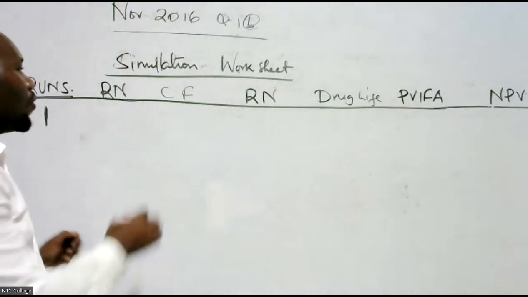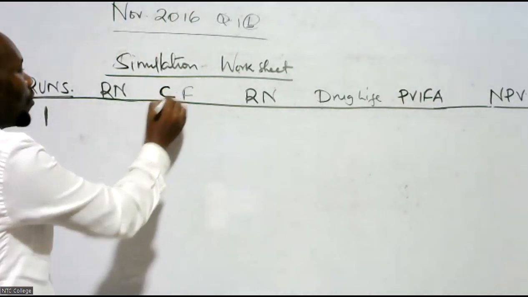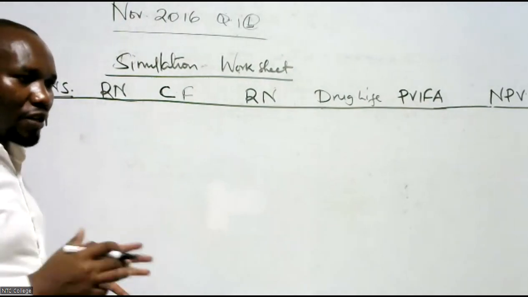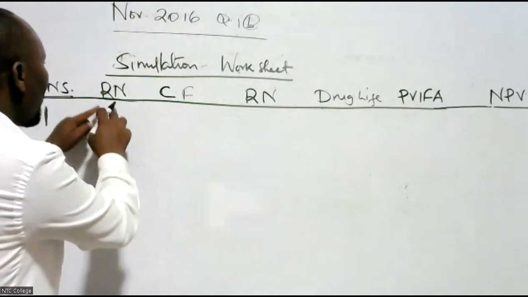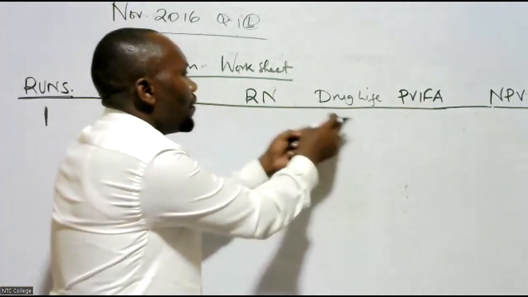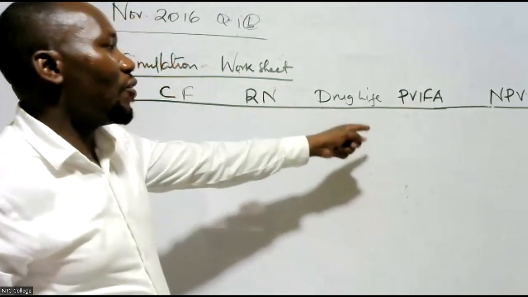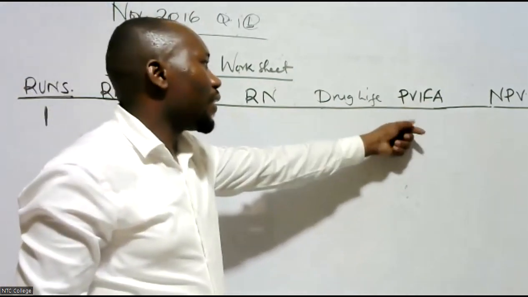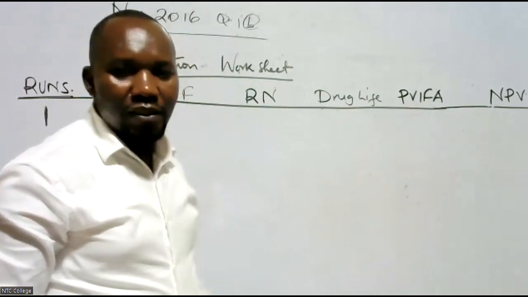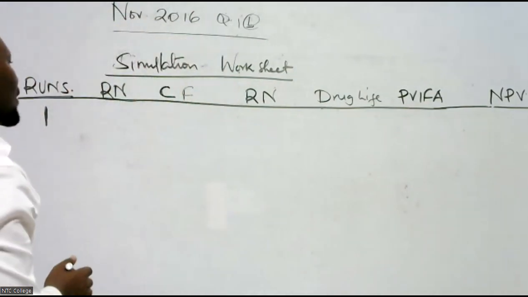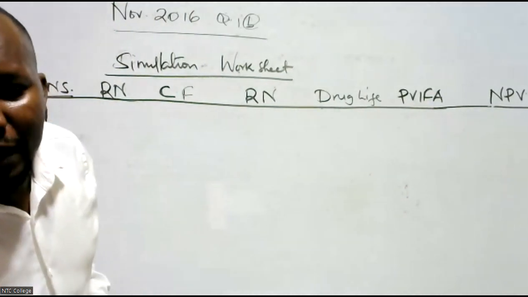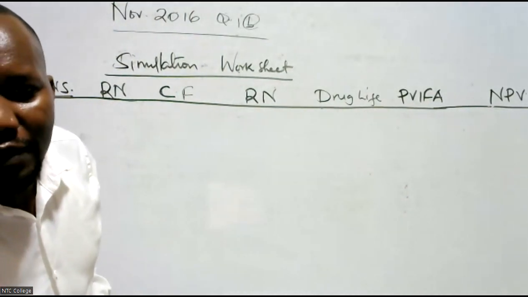Okay. So you have seen how we have finished. Because we have two probabilities, those probabilities are giving us two random numbers. So the first random number should give you the cash flow. The second random number was for drug life. And then we can calculate our own PV. The reason why we are calculating PV here is because the periods vary. So let's come and pick the first one. The first cash flow, you pick using the random number ranges or random numbers.